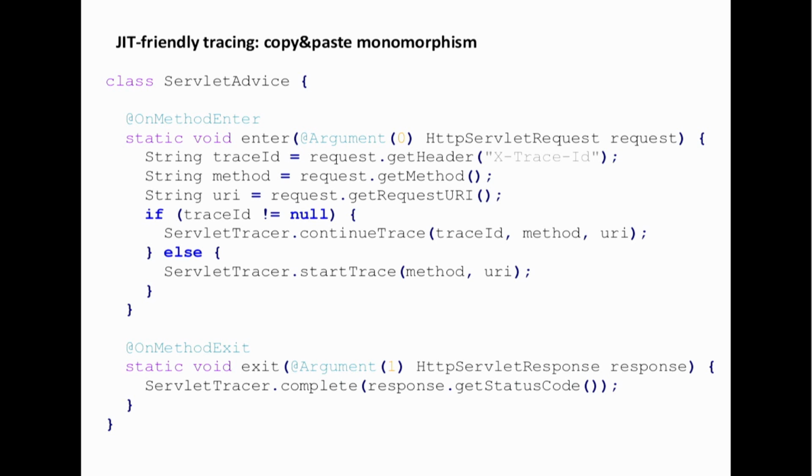Right. So how does ByteBuddy actually help monomorphism? These advice methods, as I said before, they copy-paste it. And copy-pasting doesn't help with method size, but it helps with monomorphism. Because if you copy-paste something, then you have the code at different places, and every code segment will be optimized in the way it is used exactly, right?